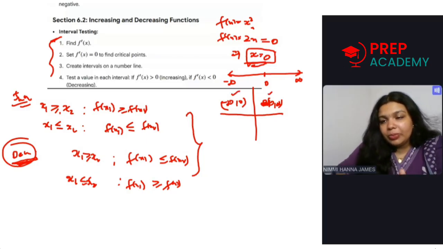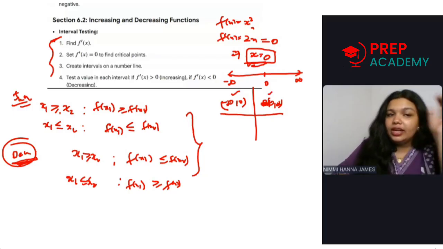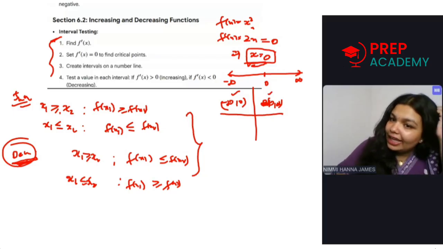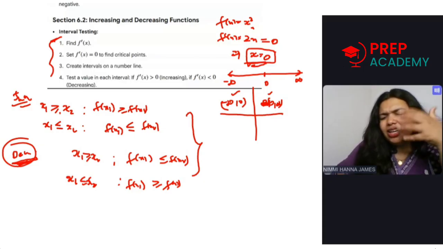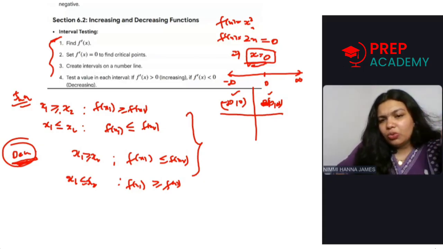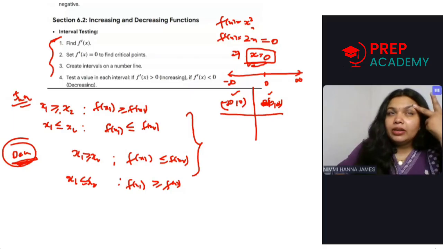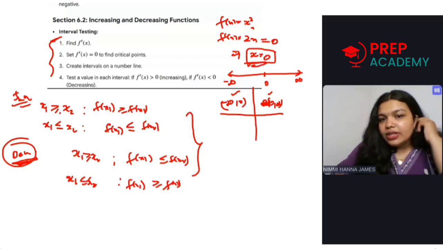Okay, we have to take them separately and check if the function is increasing in each of these. How do we know that? We just take a random number from the interval. From the interval minus infinity to 0, we can take the number minus 1.